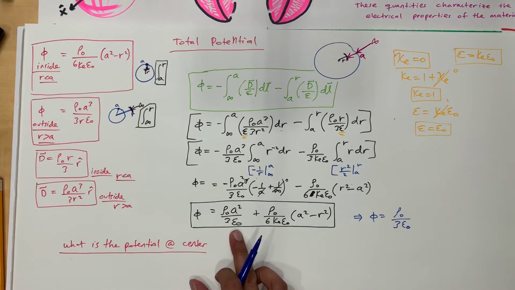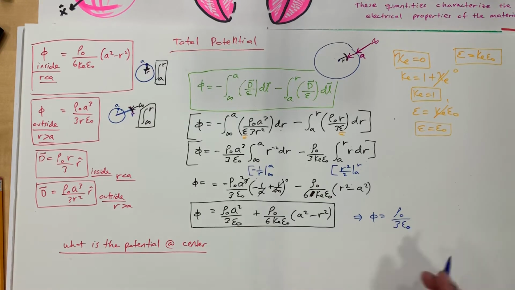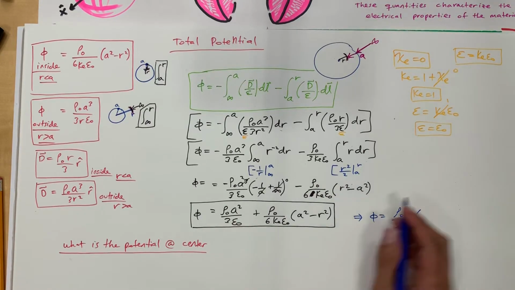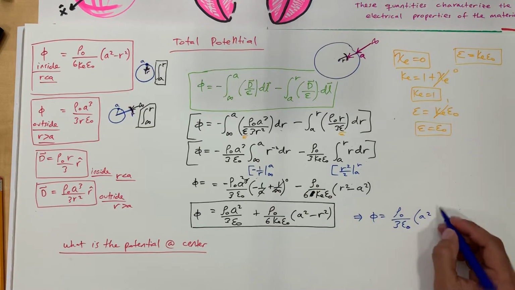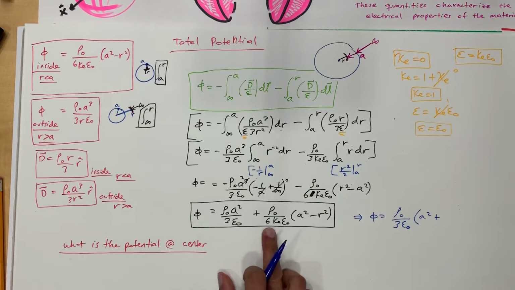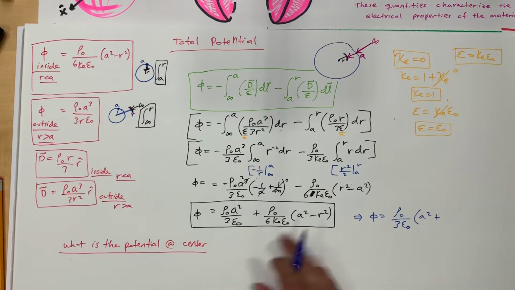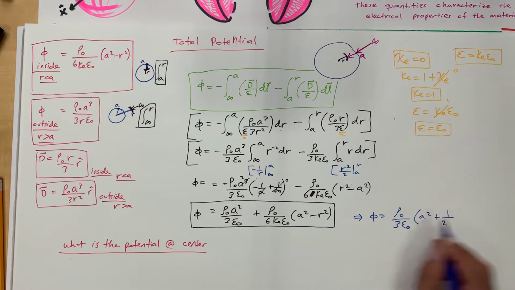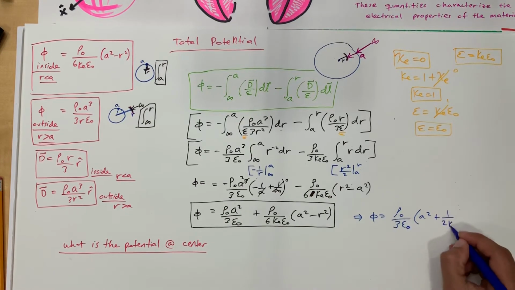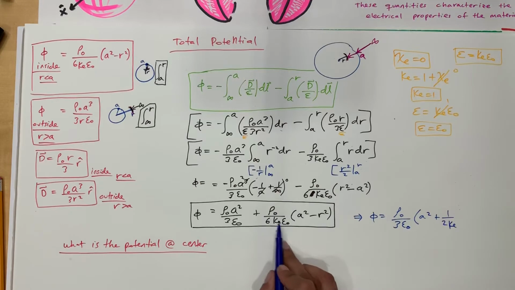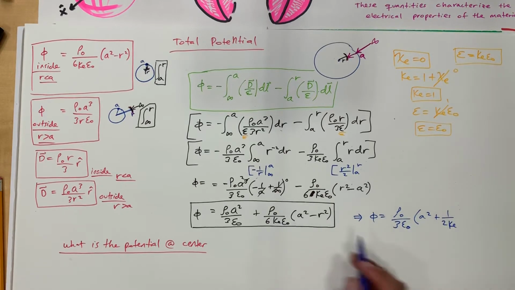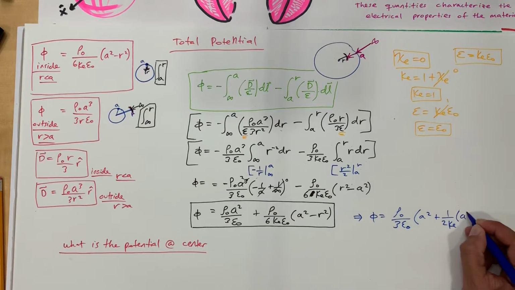And that's it. So now what we have left in this first one is A squared, plus, if we pulled out a 3 from the bottom, we'll have a 2 down here. So 1 over 2, the KE stays. The epsilon naught came out. And in here, we still have A squared minus R squared.